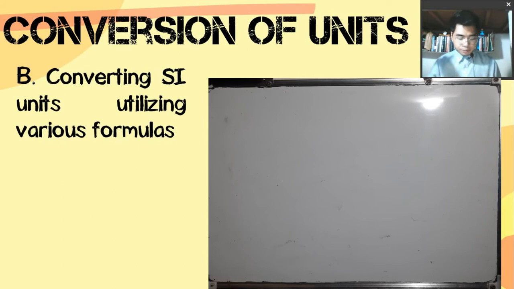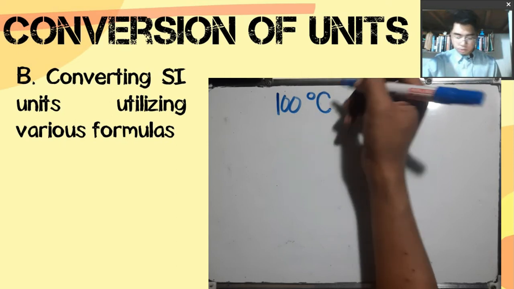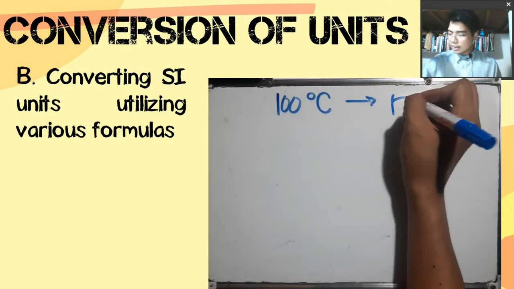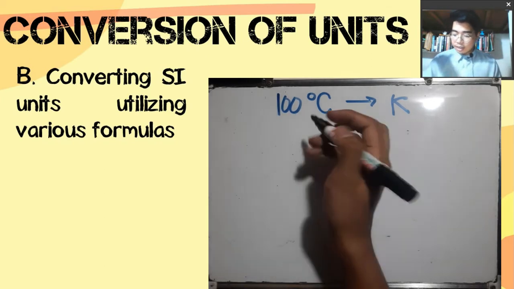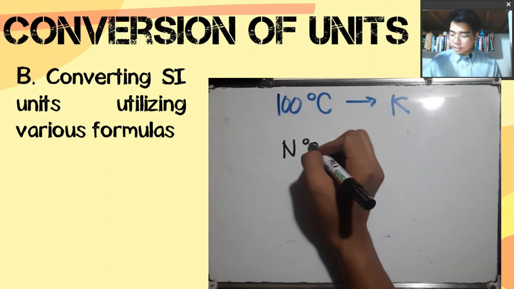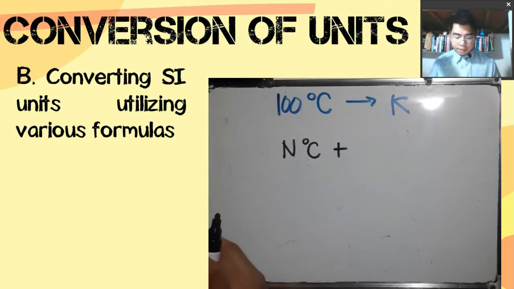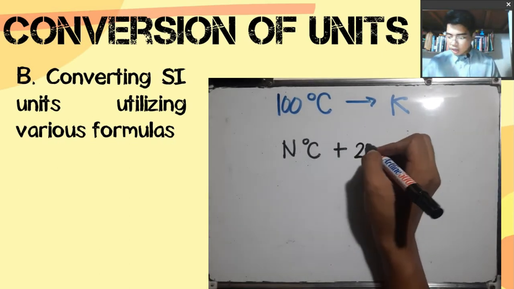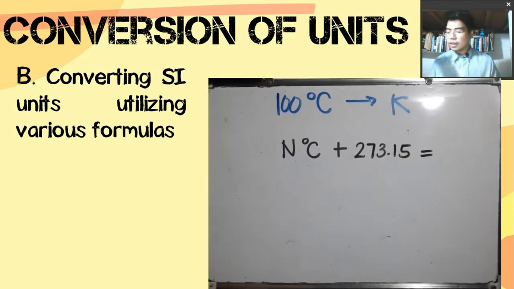Let's simply convert first 100 degrees Celsius to Kelvin. The formula that we are going to utilize here is the value of the degree Celsius plus the constant value for Kelvin, which is 273.15. Then you're going to arrive with the answer.